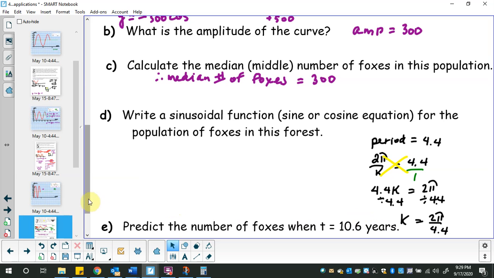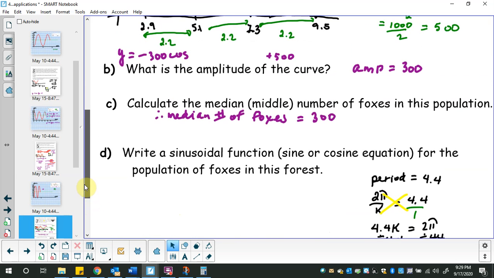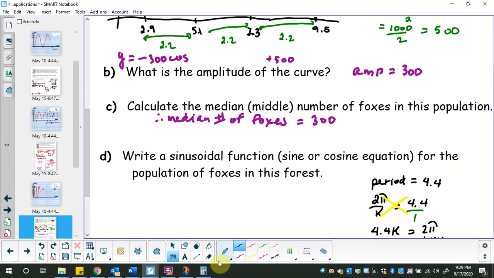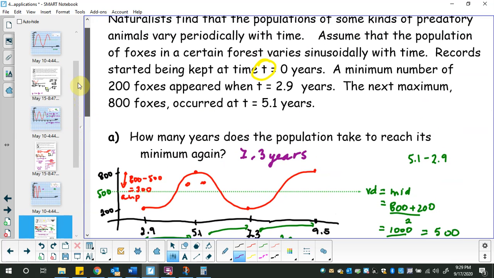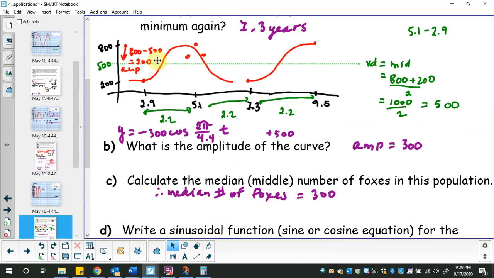And that 2 pi over 4.4, or 1 pi over 2.2, is going to sit right here. And I distinctly remember circling a t, so this is a t question, not an x question. The thing is, my little ghost guy is not bumped up against the y-axis.